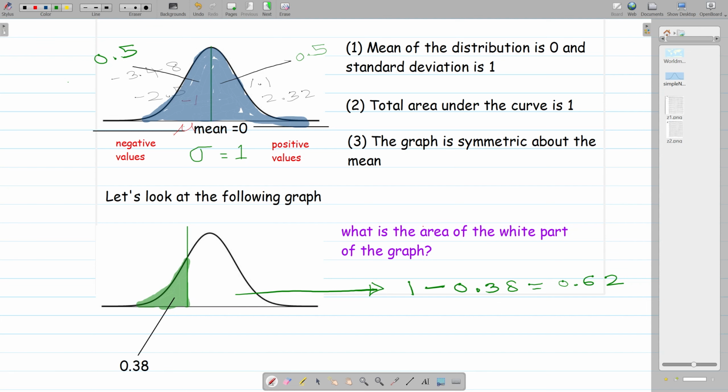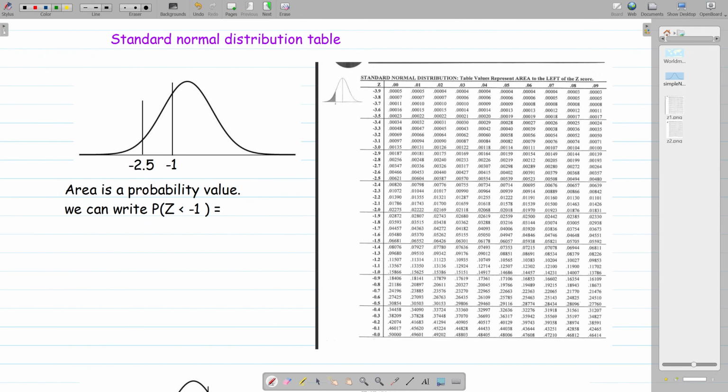Now, the standard normal distribution table. This is one part of the standard normal distribution table. At the beginning, you can see that they have mentioned something special: the standard normal distribution table values represent the area to the left of the Z-score.